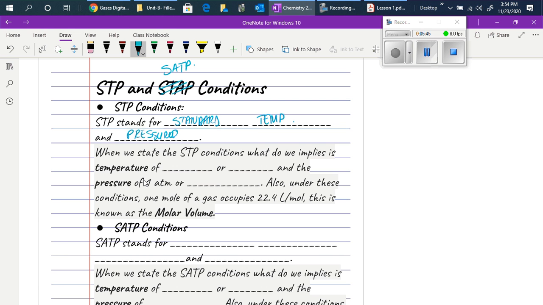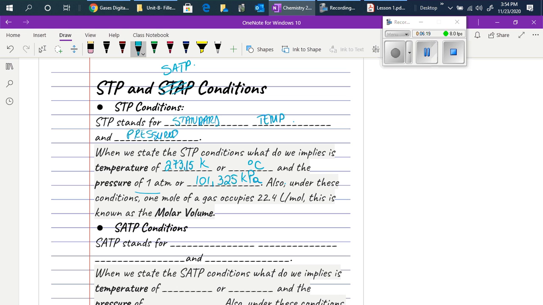Okay, so when we say that a certain gas is at STP conditions, what we mean is that it has a temperature of 273.15 Kelvin or 0 degrees Celsius and a pressure of 1 atmosphere or 101.325 kilopascal.